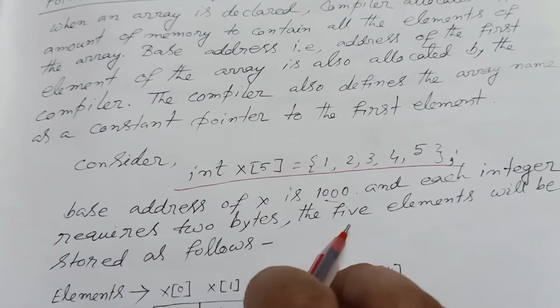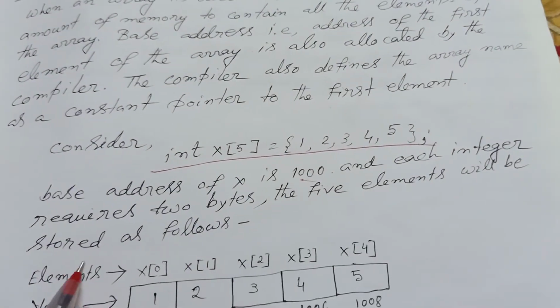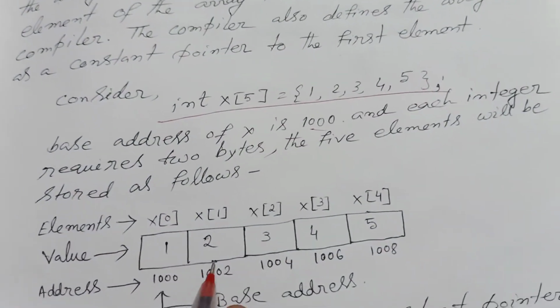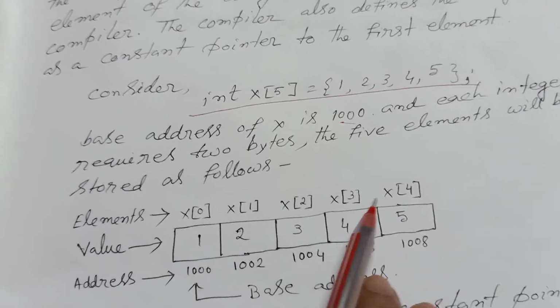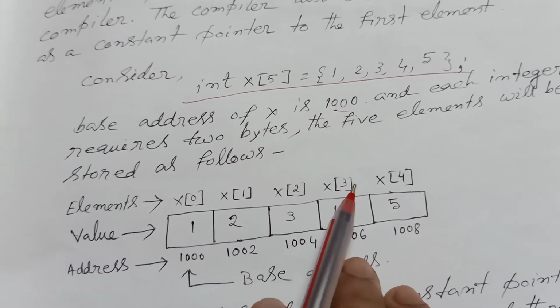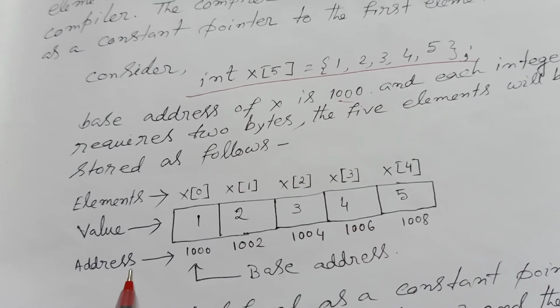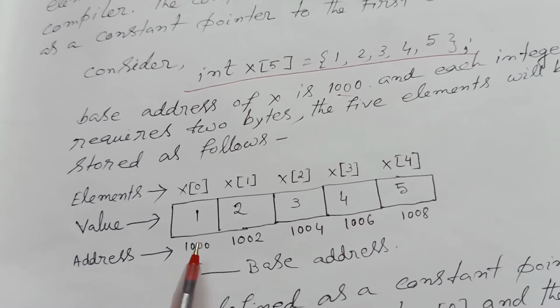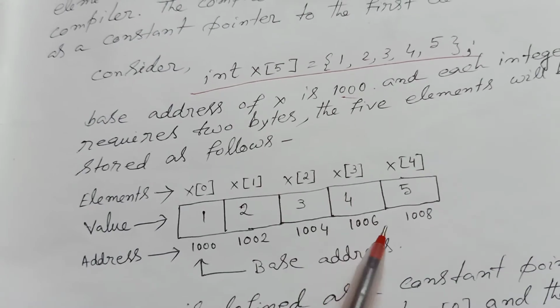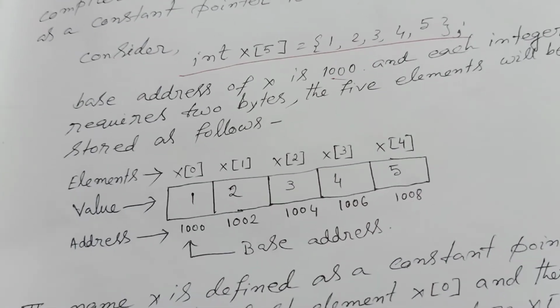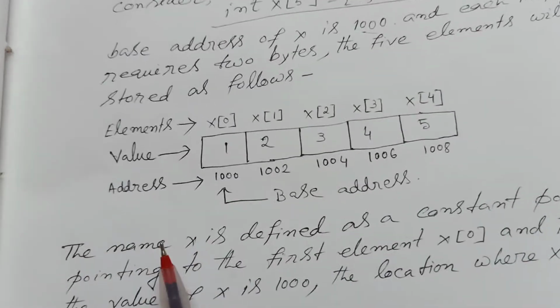As it is integer, the 5 elements will be stored as follows. So elements with the index x[0], x[1], x[2], x[3], x[4], and the values are 1, 2, 3, 4, 5. Addresses start from 1000, then 1002, 1004, 1006, 1008. 1000 is the base address.